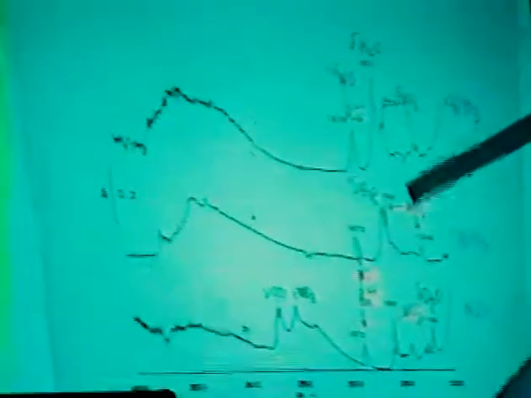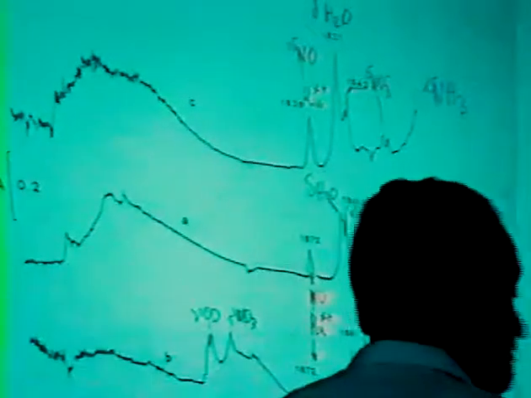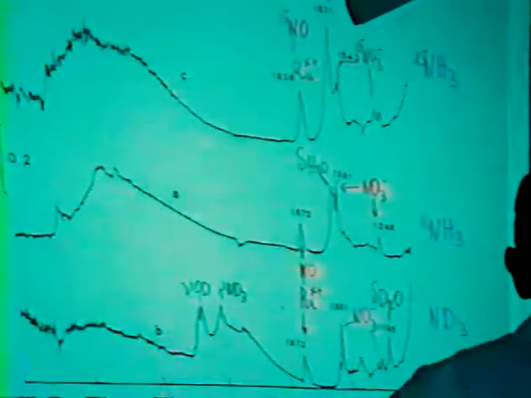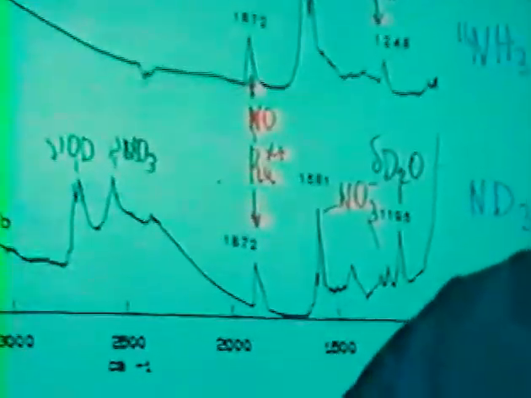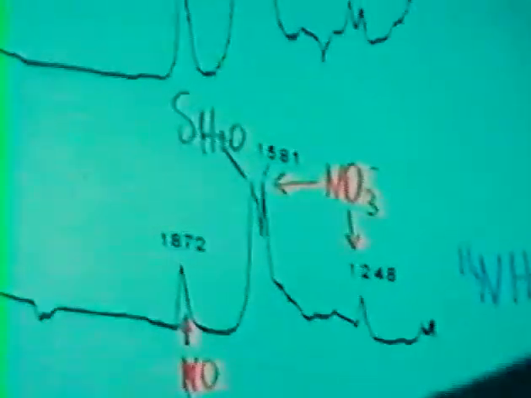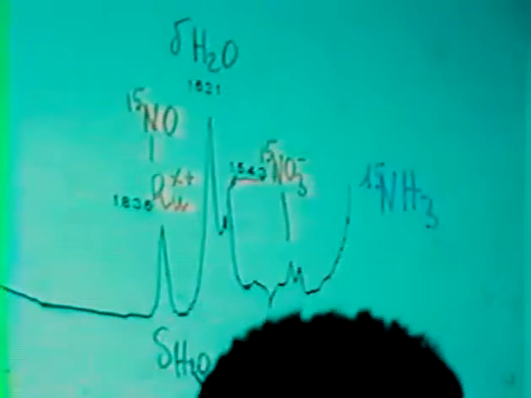You can see here, for example, this band at 1508 wave numbers, which is shifted exactly in the isotopic experiment with nitrogen 15 nitrate, and which remains unchanged by reducing with deuterium.